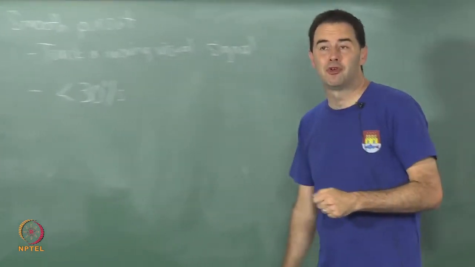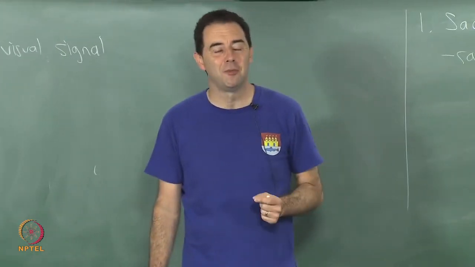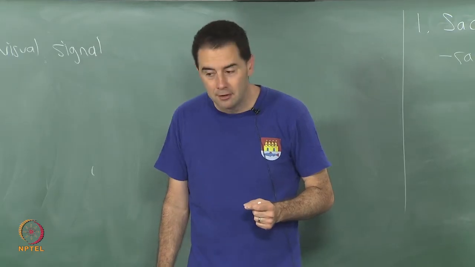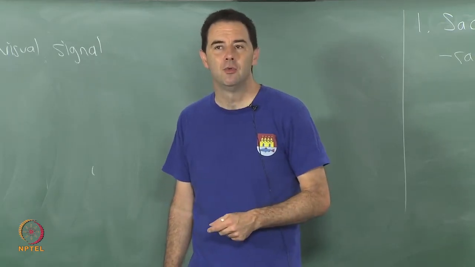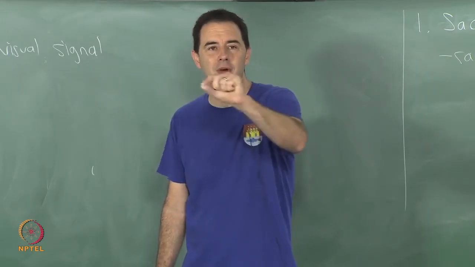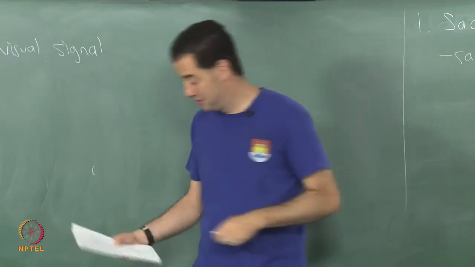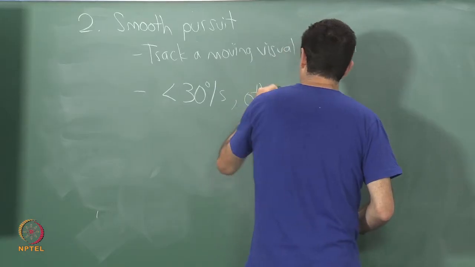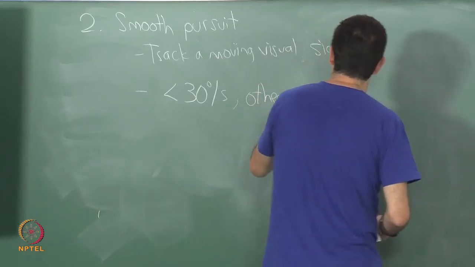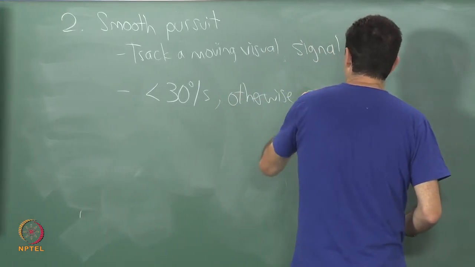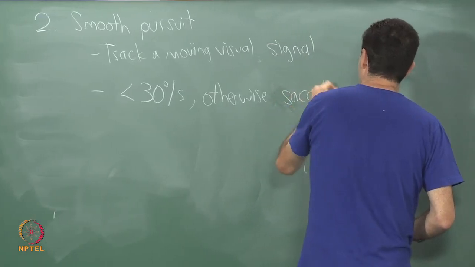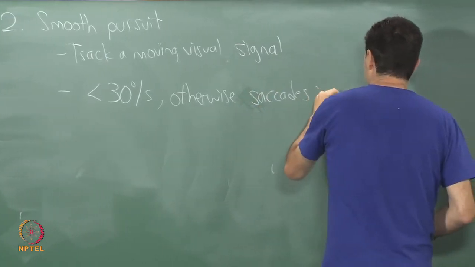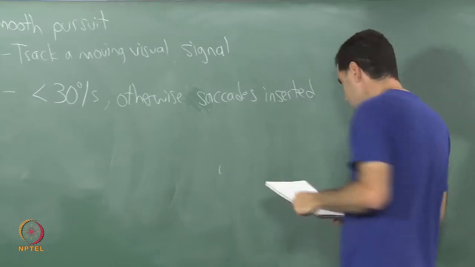And if you're trying to track something that's faster than that with your eyes, what will happen is that some saccades will get mixed in. So the eye will have to jump ahead to catch up. Otherwise, saccades are inserted.